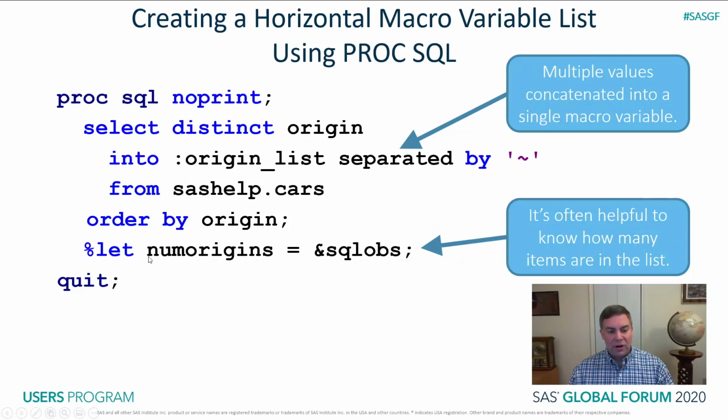I called it num origins here, the number of origins that there are. So I said %let num origins equals amper SQLOBS. I don't want to leave it in this macro variable SQLOBS because that might get overwritten later by PROC SQL if we should happen to call it again in our program. That's why I'm storing it in num origins, so I know I have a separate copy that I can use later. Now you might be wondering, how can I do this with a %let statement?